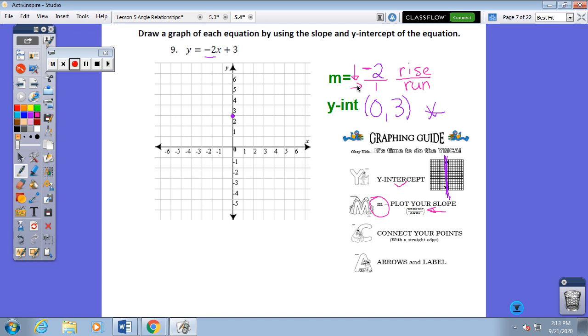When it's said and done, it should look like a negative line. Down 2, to the right 1. So you keep doing that while you have graph. You should have at least 3 points. You can do more. And then connect your points. It says with a straight edge, so use your ruler. C is connect.